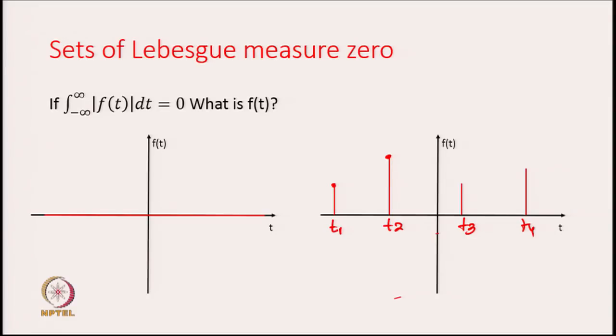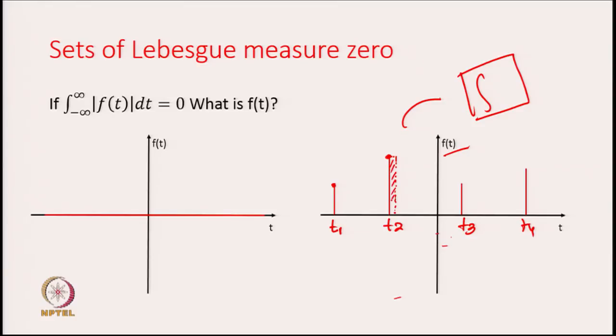Now, what happens if you take the mod of a function? The mod of a function would give you the same thing if I assume this f t is all positive and real. So, taking the mod does not make any changes, and now if I pass this function through an integrator, what happens? Let us just focus on one point. An integrator calculates the area, right.